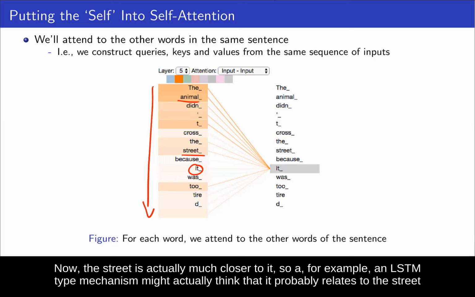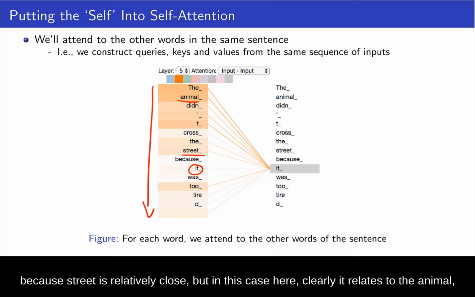Now, the street is actually much closer to it, so for example, an LSTM type mechanism might think that it probably relates to the street because street is relatively close. But in this case, clearly it relates to the animal.